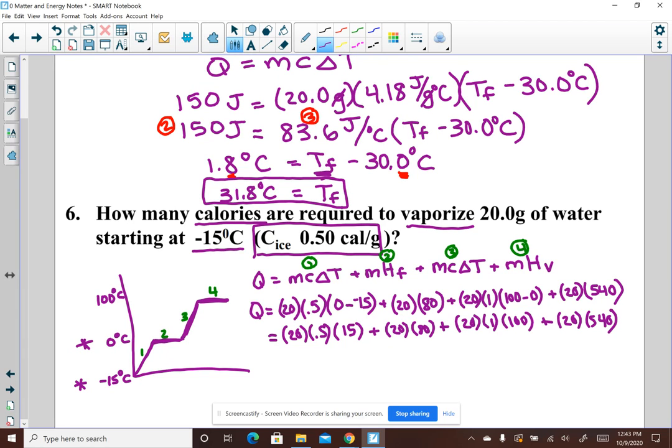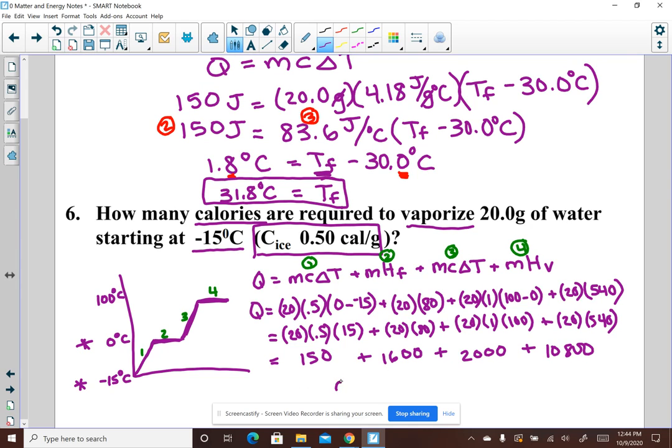All right, so I'm going to take my calculator out. You should too. If I do 20 times 0.5 times 15, I get 150, plus 20 times 80, 1,600, plus 20 times 1 times 100 is 2,000, plus 20 times 540, 10,800.